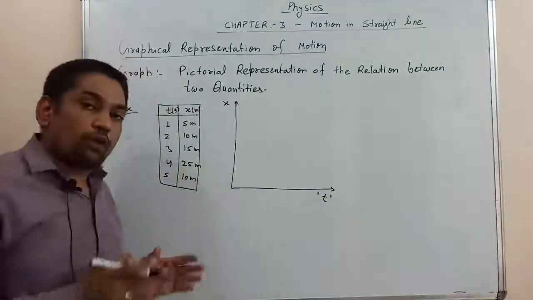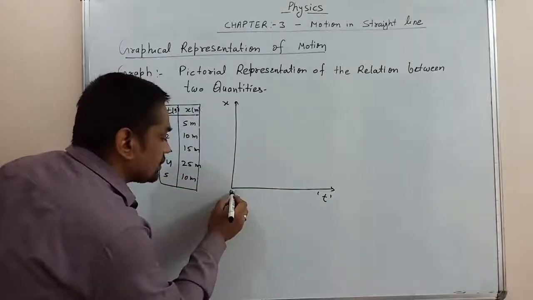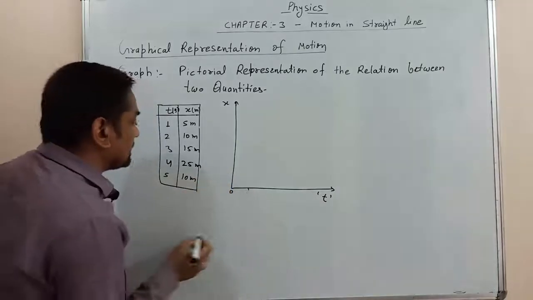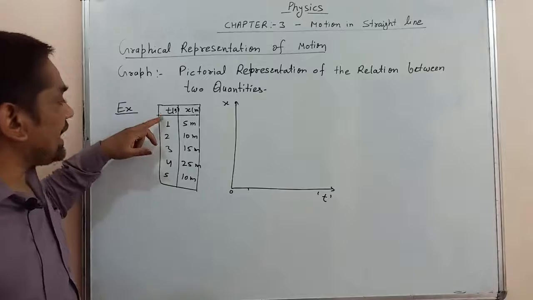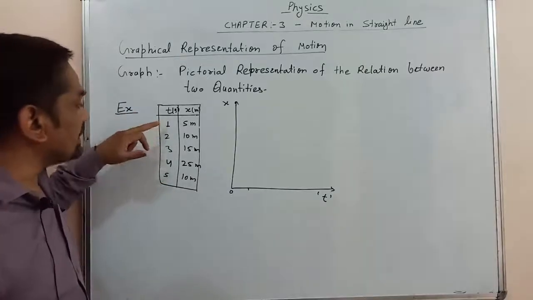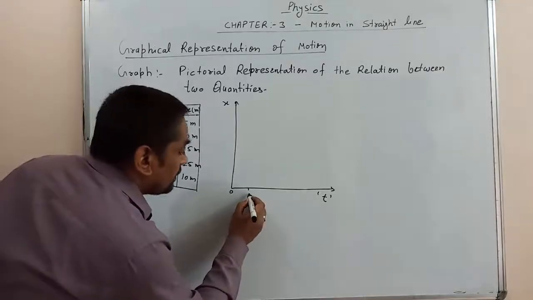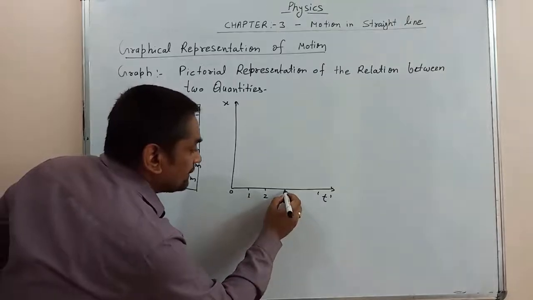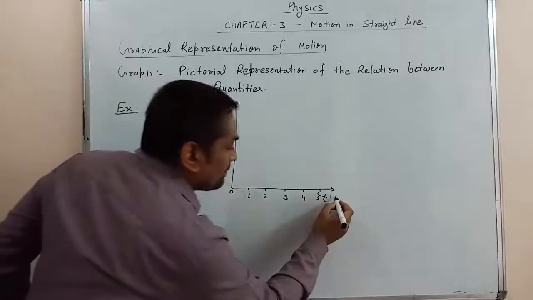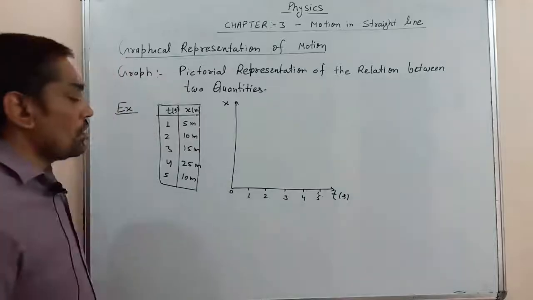First of all we scale the time axis and the displacement axis. This is the origin, that is 0, and we scale the time and displacement according to the given values. The time is given as 1, 2, 3, 4, so we can represent 1 second, 2 seconds, 3 seconds, 4 seconds and 5 seconds. We take time in seconds.